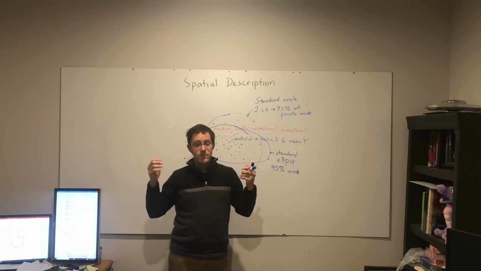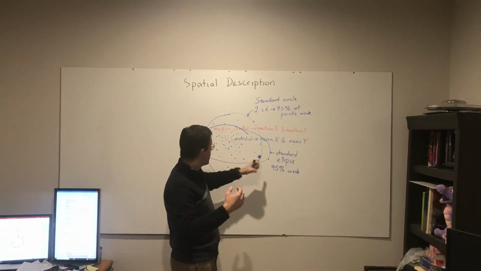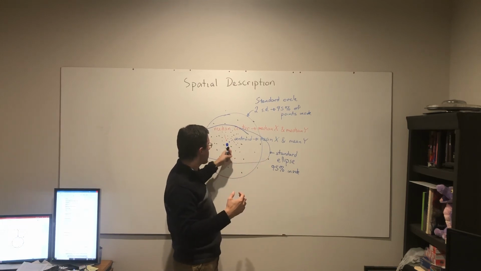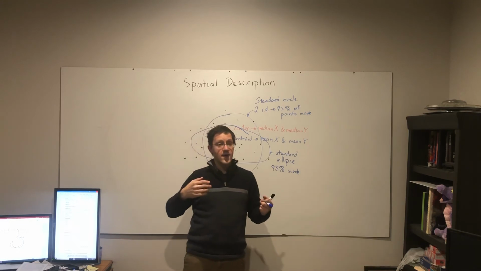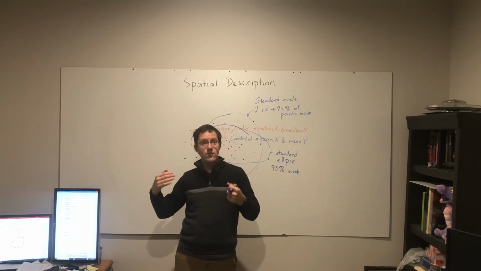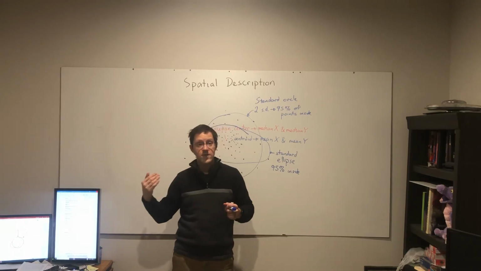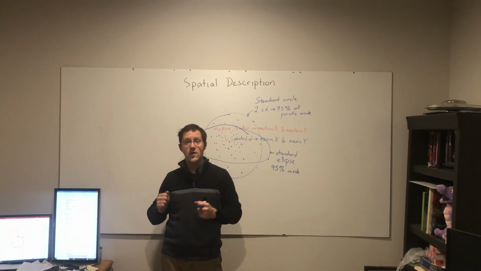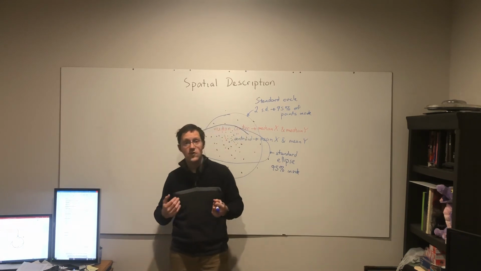Those become 2 different ways, the standard circle and the standard ellipse, following on from the centroid and the mean center, of summarizing and describing the spatial distribution of our data, not just the attribute distribution, or the distribution of a single attribute.